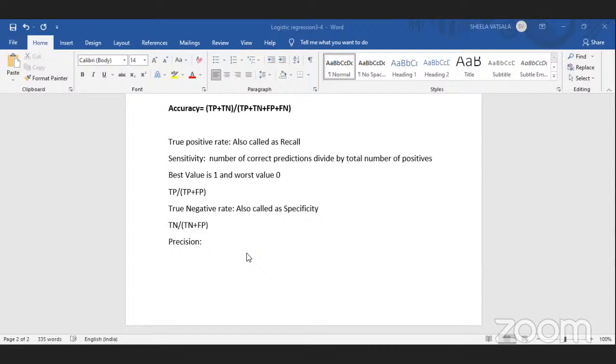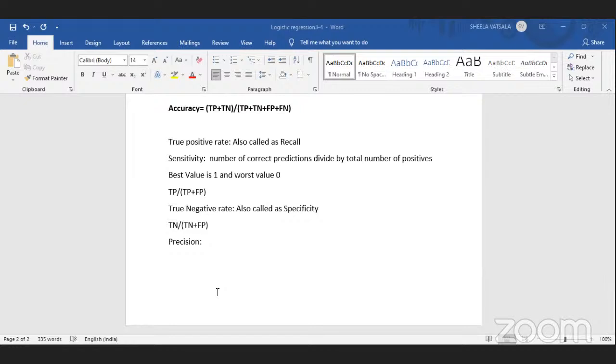I'll just read it again. True positive rate, it is the ratio of positives correctly predicted from all the true labels. In simple words, it's the frequency of correctly predicted true labels. Okay, and similarly for true negative rate, we have the frequency of correctly predicted false labels, right?